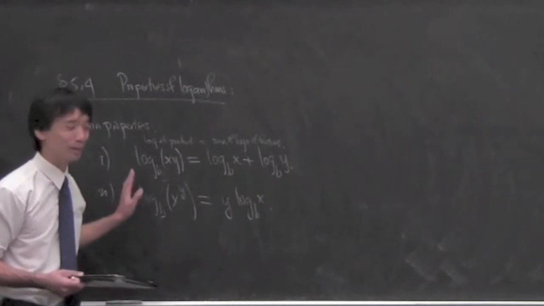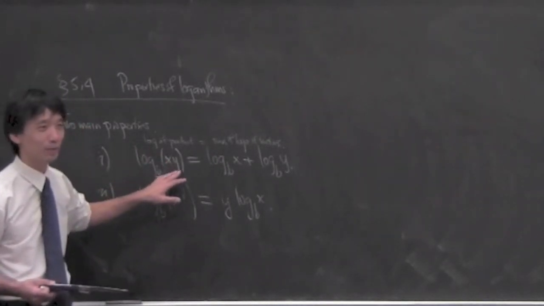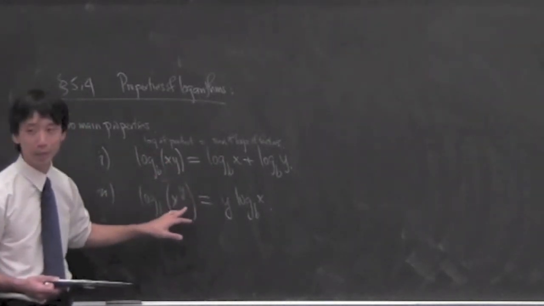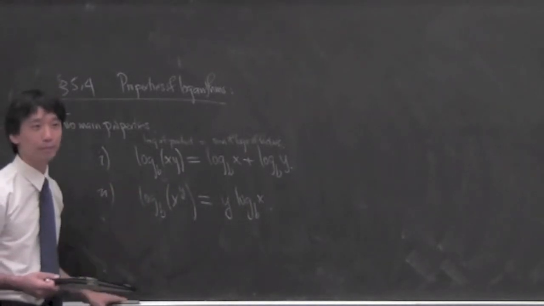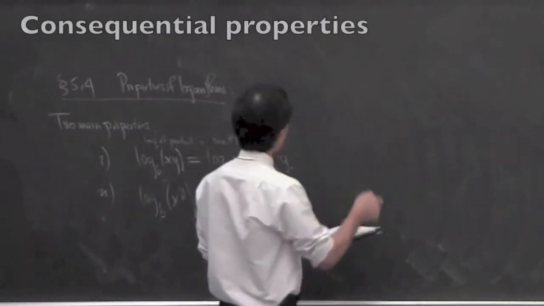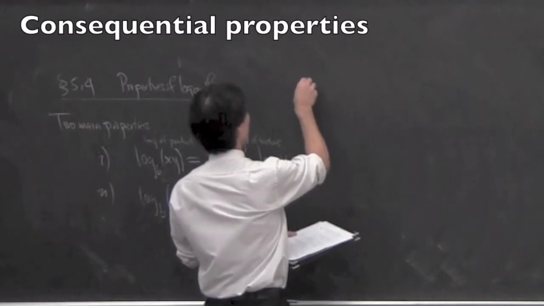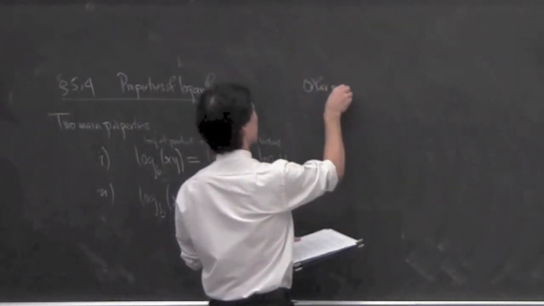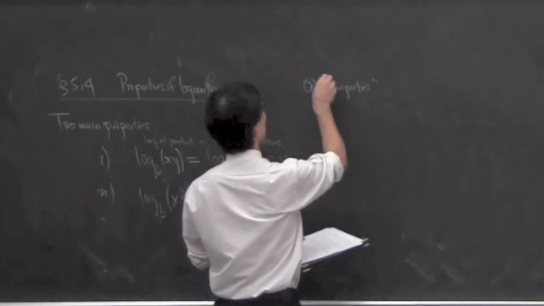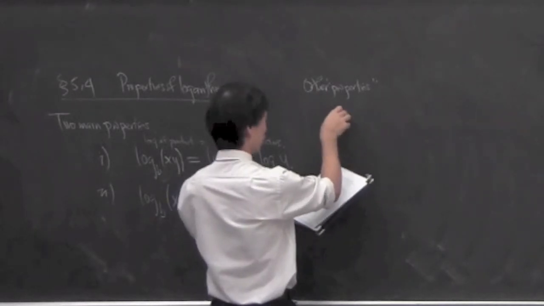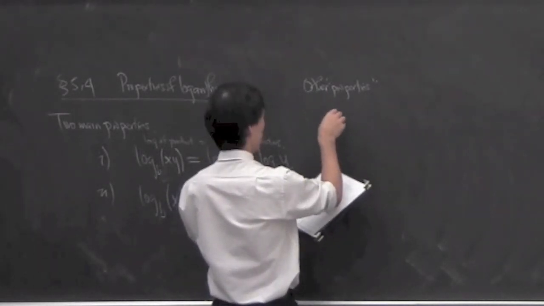Okay, so in any case, the log of the product turns into the sum of the logs, and for log of something to a power, you can pull the power to the outside. The text also lists other properties, but they're not as important as these.